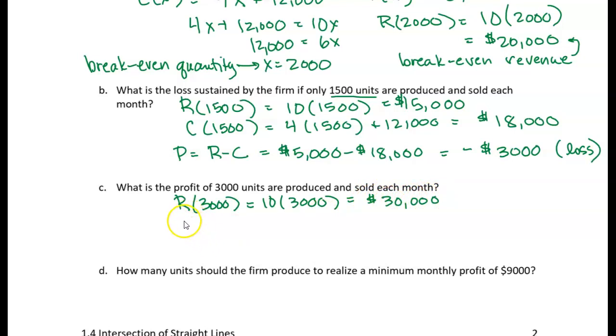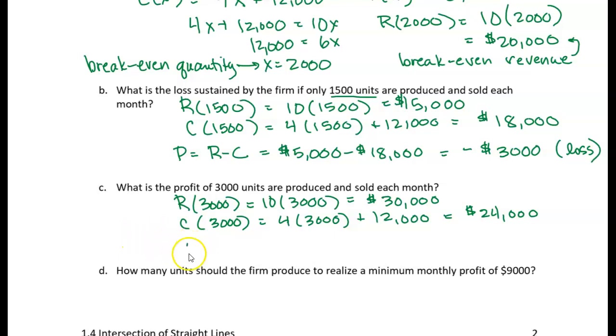And the cost at 3,000 units is going to be $4 times 3,000 units, plus the fixed cost of $12,000. And so we get $24,000 in cost.